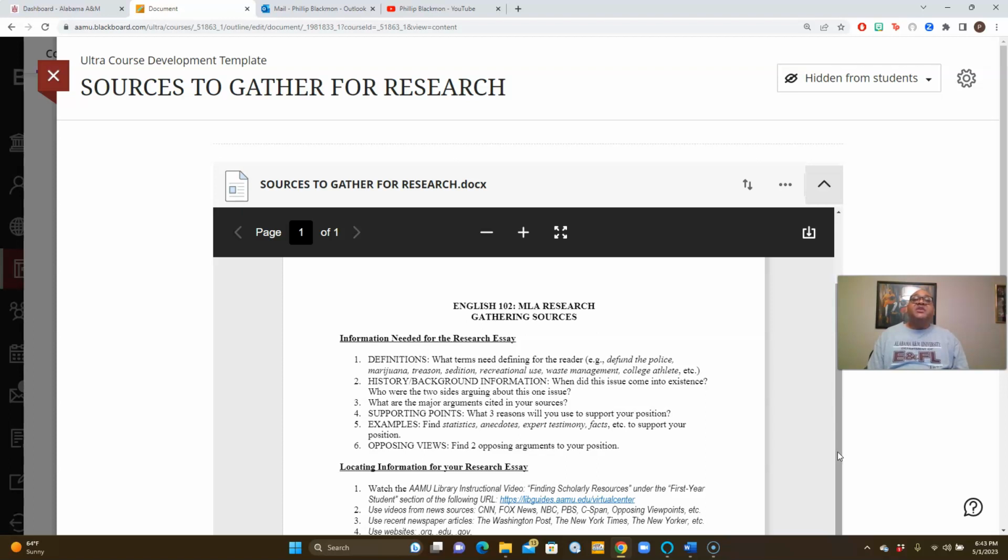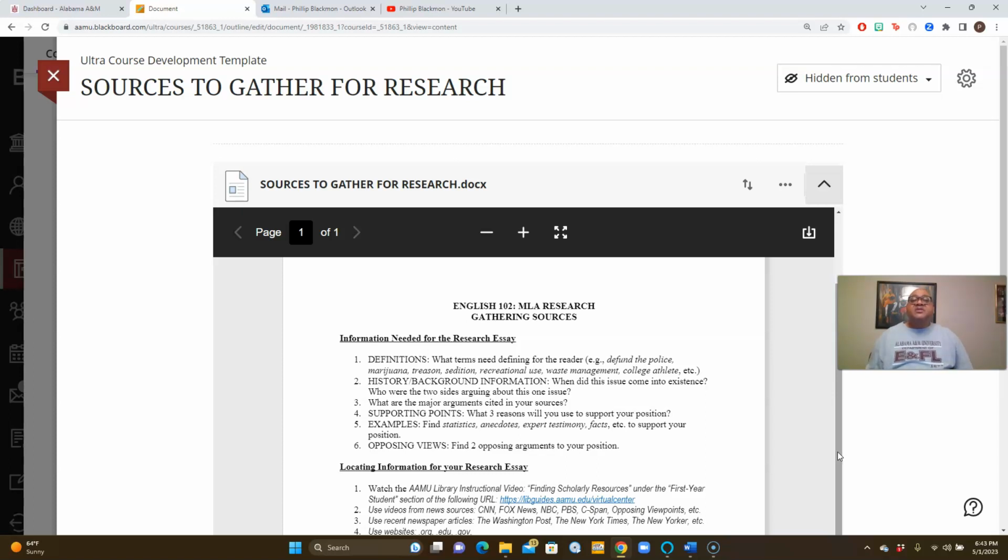You are just trying to figure out what information is in this article that is relevant to your research, right? And what type of information you need, and if the source has the type of information you're going to need for your paper.